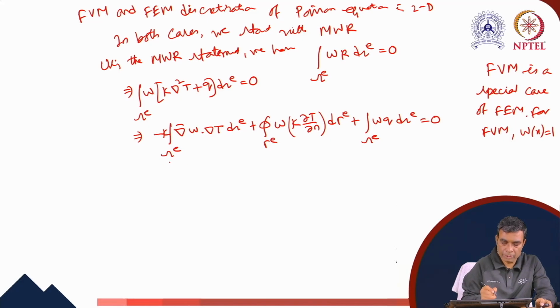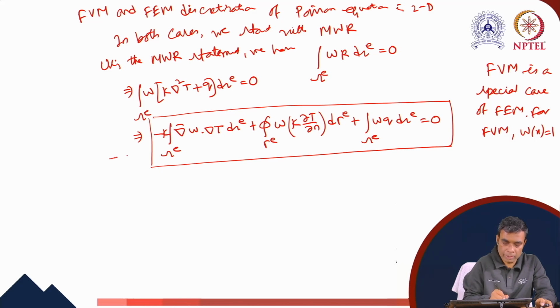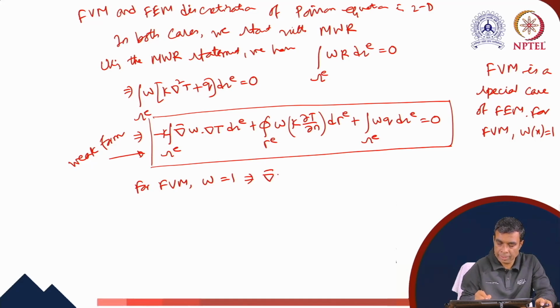Now, if we see here, this is the weak form of the Poisson equation. For FVM, w equals to 1, it renders gradient of w equals to 0.